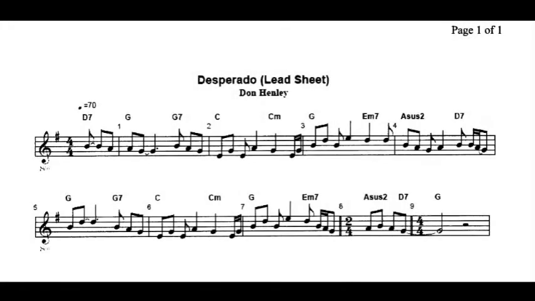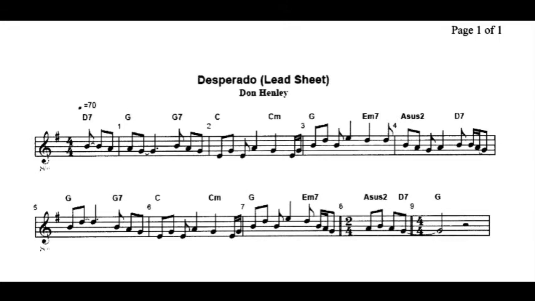Here we have a lead sheet, a few bars from Desperado by the Eagles. This lead sheet has the melody written in music notation, and the melody is the notes that the singer is typically singing. Then we have chord names above the staff. You see there's D7, G, G7, C, C minor, and so on.